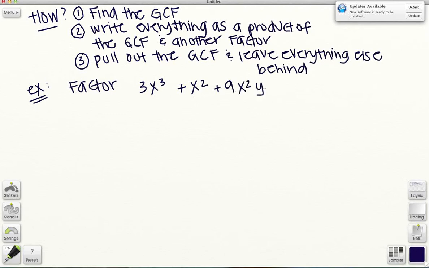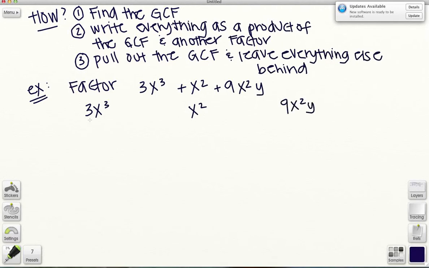Okay, so the first thing that I need to do is to find the GCF. So I'm going to do some trees. I'm going to write my three terms here, 3x cubed, and then I have an x squared, and then I have a 9x squared y.